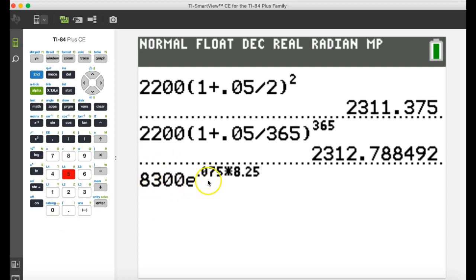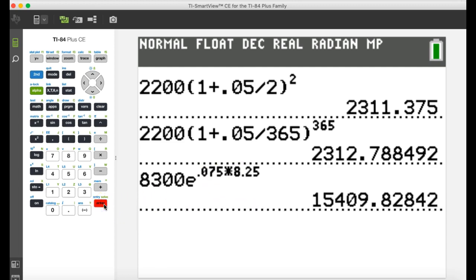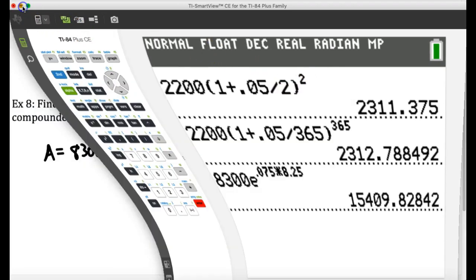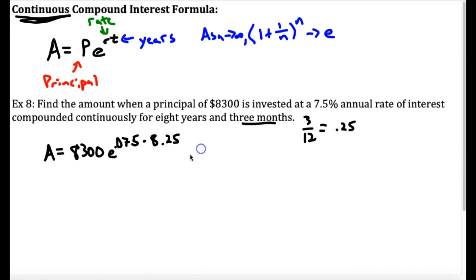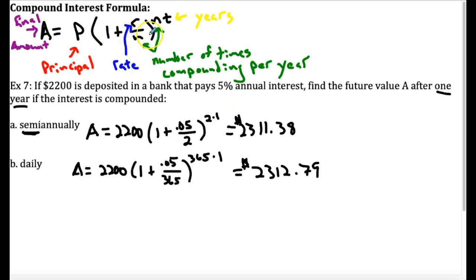So P times E to the R times T power gets me 15,409.83 cents. So 15,409.83.